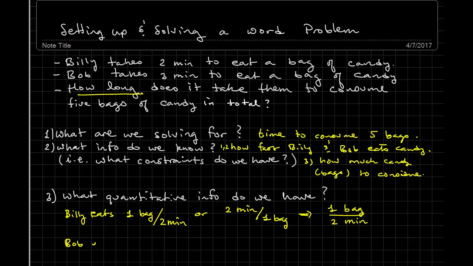Bob eats 1 bag every 3 minutes. So, 1 bag per 3 minutes. Or we would say 3 minutes per 1 bag. These are both equivalent statements.